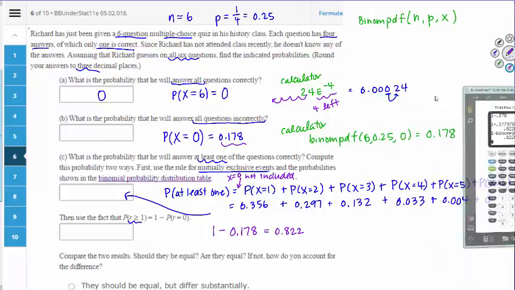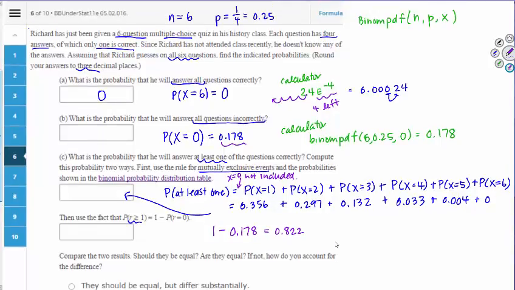Now the third way we can do these is by using the actual formula for binomial probabilities. It just gets way more cumbersome. The probability that x equals x is n choose x times p to the x times q to the n minus x.